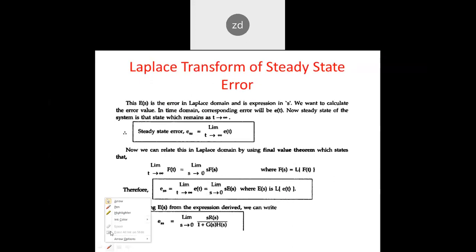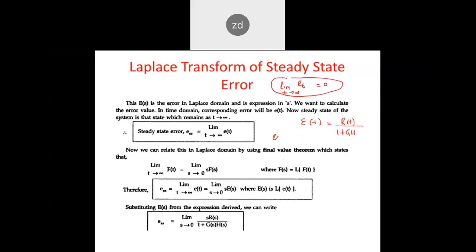Now let's move to our topic, that is the steady state error. As we have seen in the previous class, the steady state error in the time domain was given by the expression E of t equal to R of t by 1 plus GH. If we convert this into the Laplace domain for the error, the steady state error E of t as t tends to infinity will become 0, so this error will become 0 at a large interval of time.